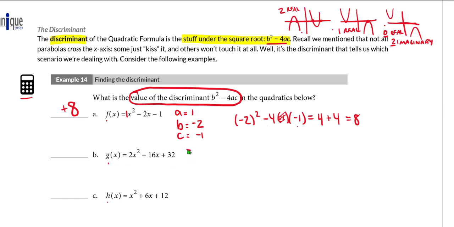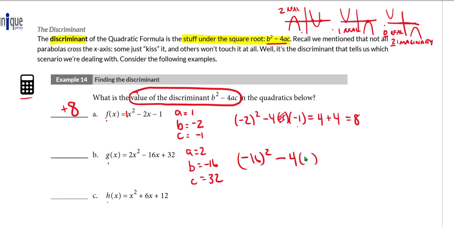Let's move on to function g. We have a equaling 2, b equaling -16, c equaling 32. There I definitely do want to use my calculator. -16 squared is 256, but I don't want to run the risk of making any careless mistakes here.